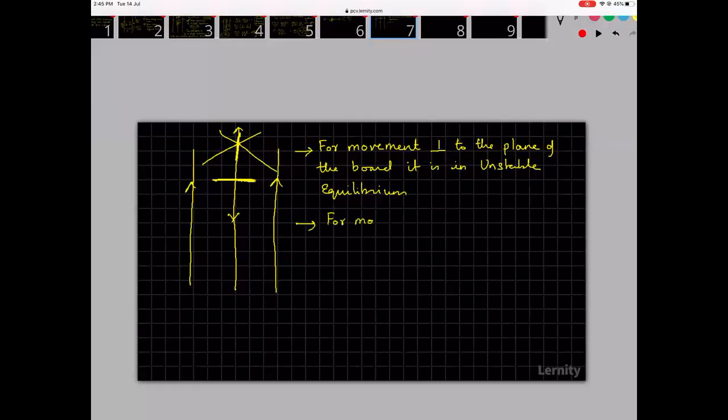For movement in the plane of the board, it is in stable equilibrium.